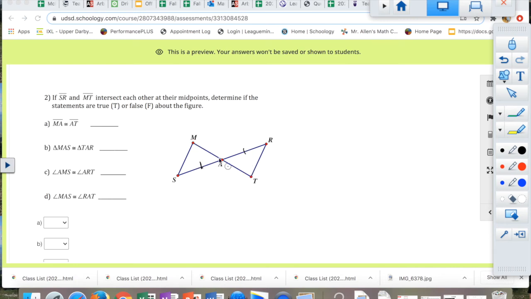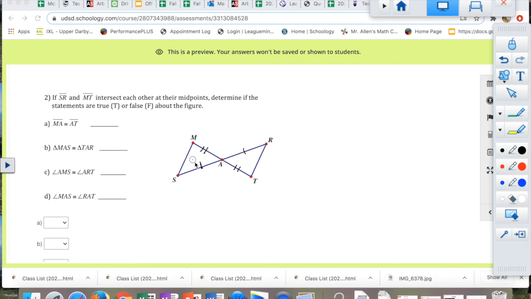And if this gets intersected at the midpoint, that means MA is congruent to AT. Now, that's only 2 parts, and the only one with 2 is hypotenuse leg, and this is not a right triangle. So where's our third piece that we need?